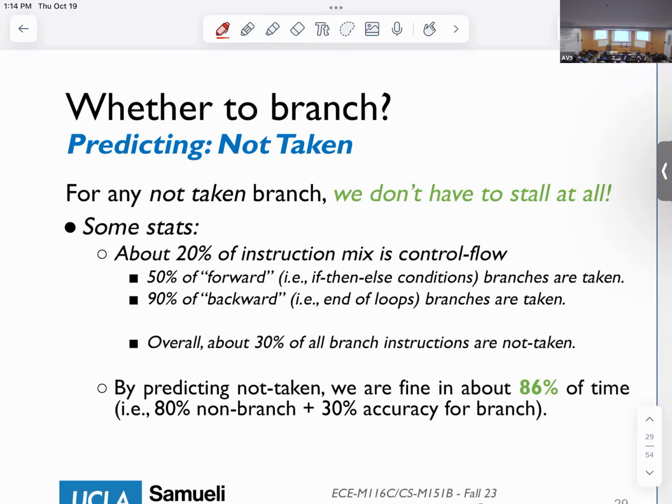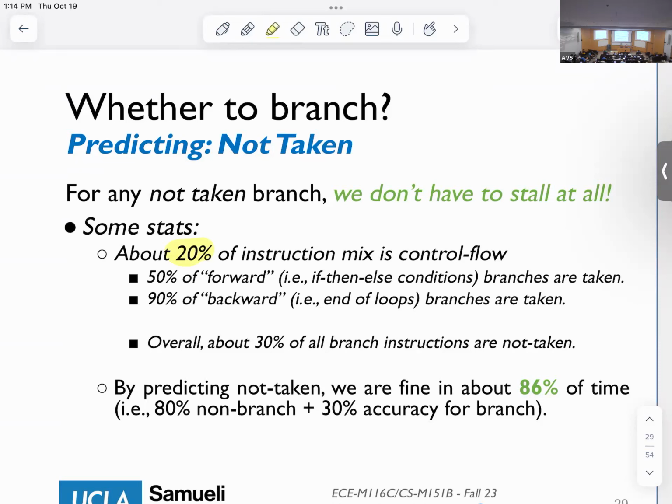So if I told you that 20% of instructions in our mix are control flow instructions, some form of branches. Out of that 20%, there are either forward branches or backward branches, right? So either your branch jumps back to somewhere else in the program or jumps forward in some part of the program, okay?